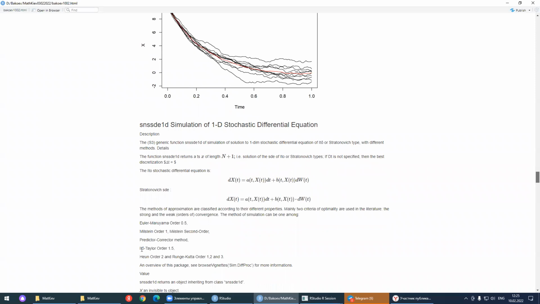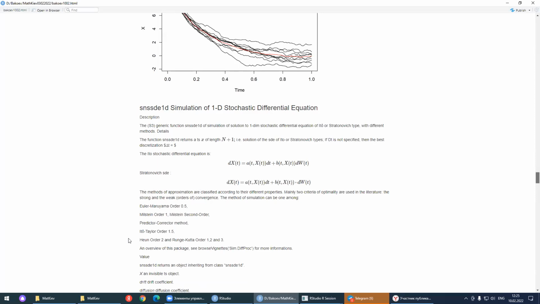It is the Ito-Taylor method with order 1.5, or Runge-Kutta methods of order 1, 2, 3, etc. We can use any of these methods to simulate the solution of a stochastic differential equation of type Ito or Stratonovich.